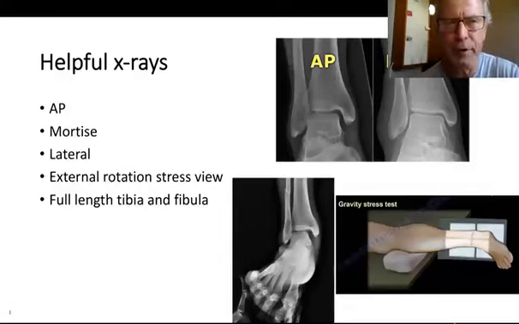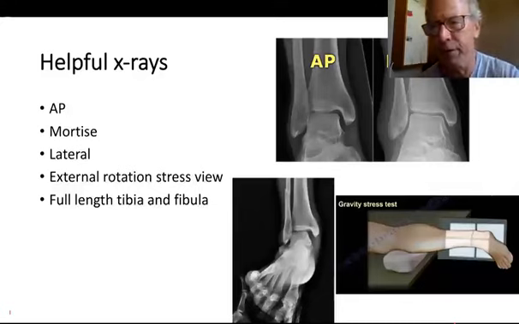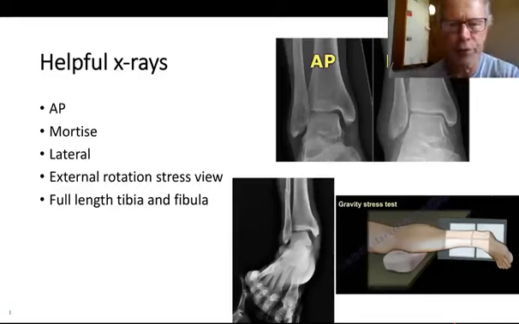So if you internally rotate the leg, then you can bring the fibula into the transverse plane with the tibia. So what you see with the mortise view, you can see the gap is the same medially, superiorly, and laterally. Okay, so there's an AP view, there's a lateral view, there's a mortise view. The two pictures below demonstrate a way of trying to get an external rotation stress view.